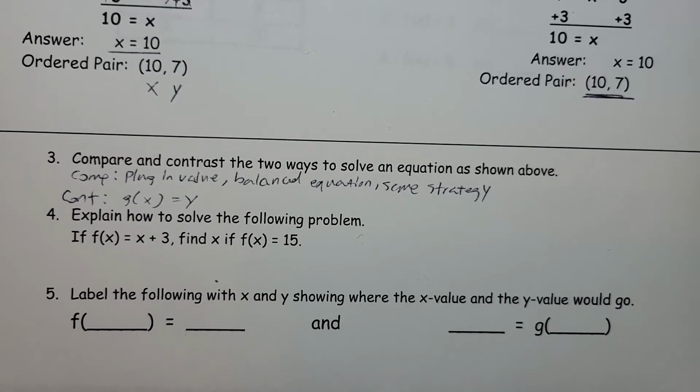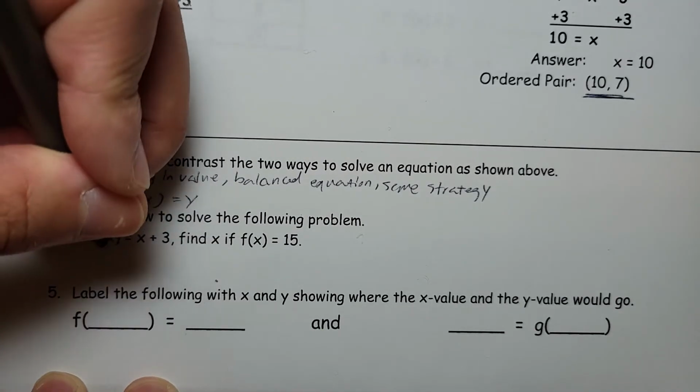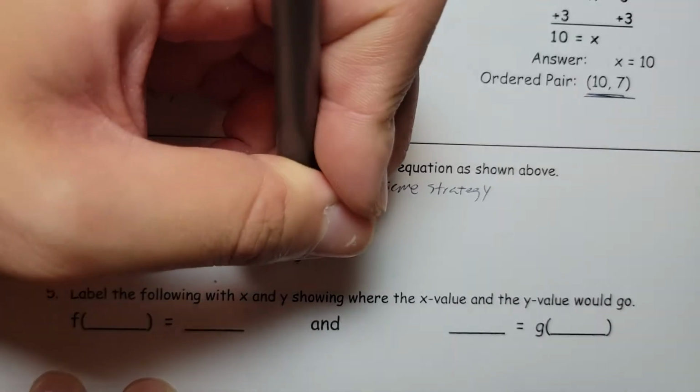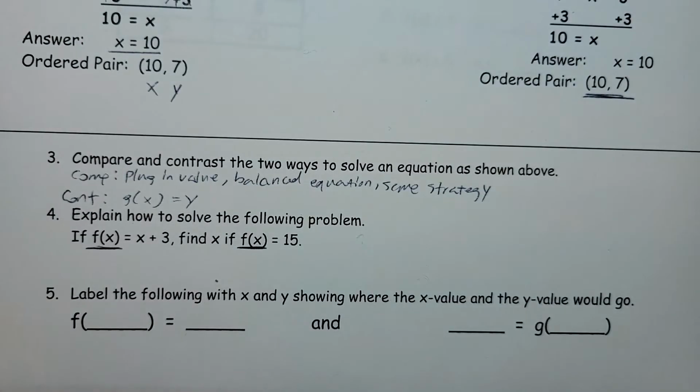Now for number 4, it says, explain how to solve the following problem. If f of x equals x plus 3, find x if f of x equals 15. Now this time, instead of getting an x value, we have our y value, or f of x. If you notice, f of x equals x plus 3, f of x equals 15.